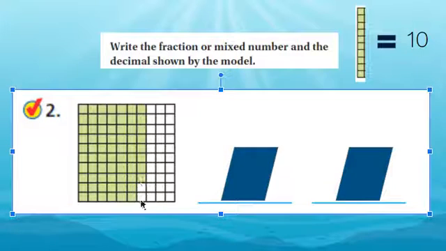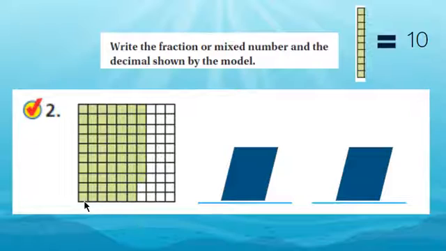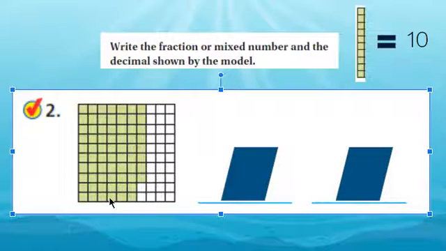Not quite, because it's not the full line of 10. So I would go 10, 20, 30, 40, 50, 60, and then I would need to count from there. So I'd go 61, 62, 63, 64, 65, 66, 67, 68. And whenever you see one of these squares, you're dealing with an entire 100.